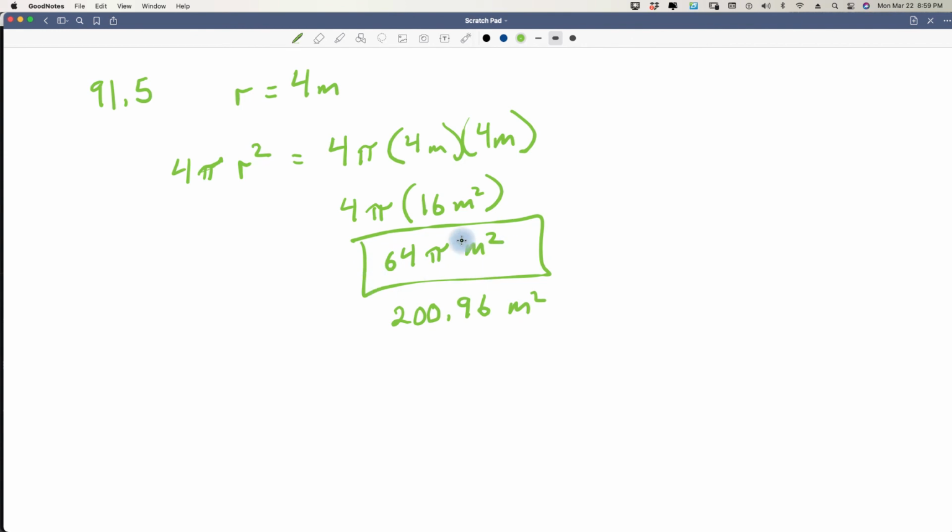So this is a more correct answer than this is for most mathematicians. Just giving you a heads up. If your teacher, when you get to Algebra 2, or you get to college algebra, wherever you might be going, asks for the exact answer, this is the one they're expecting because pi is the exact answer.